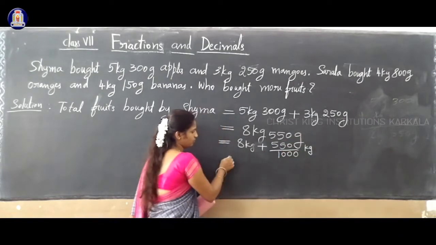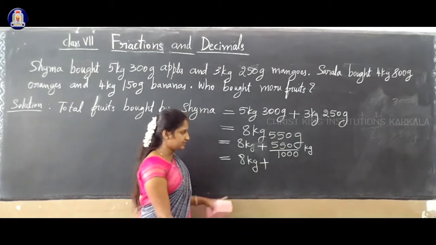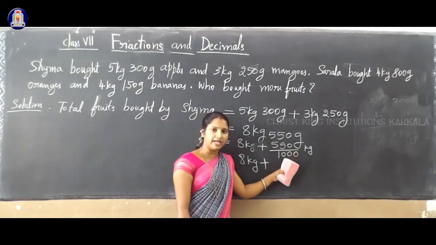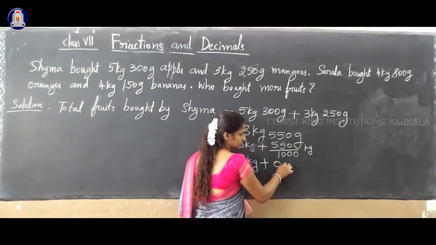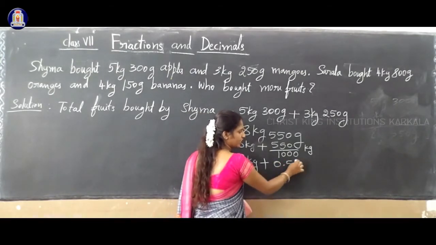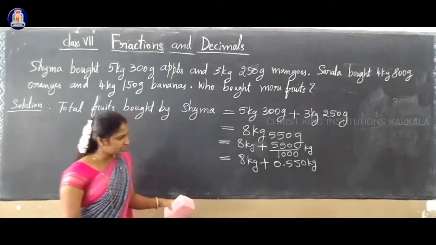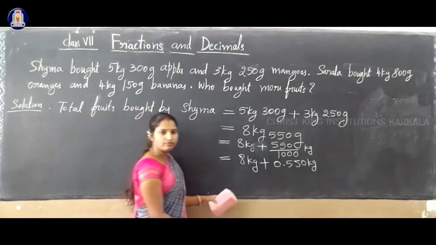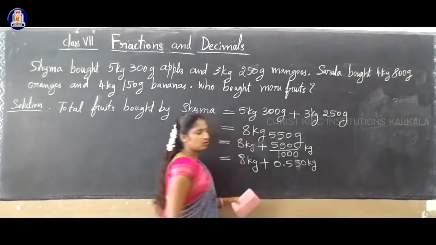Clear? So now 8 kg plus 550 by 1000. 550 by 1000 can be written as 0.550 kg. Correct? 8 kg plus 0.550 kg.